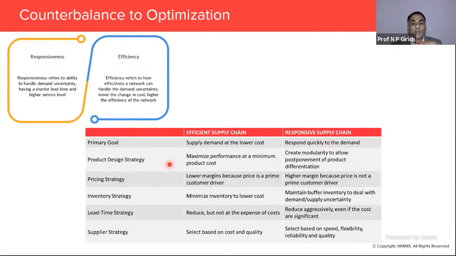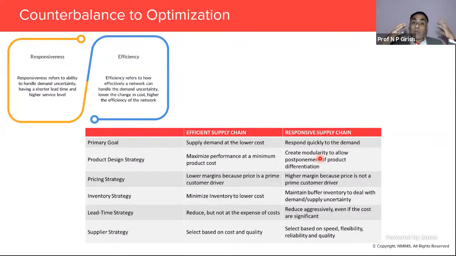Product design, what is my objective? Minimum cost, maximum performance. Responsiveness, I'm not talking about the minimum cost. I'm keeping modules, different components ready. Mix it up and give it. McD kind of a thing. Yeah, Pizza Hut and even Subway, Toyota, Dell, IKEA.